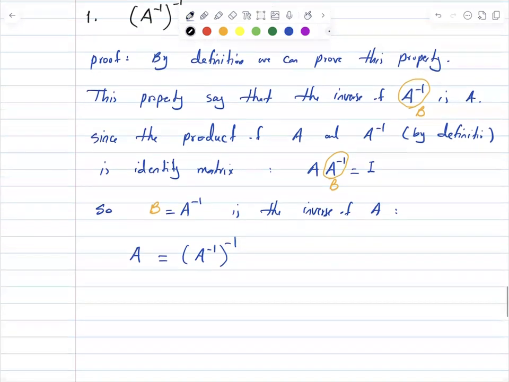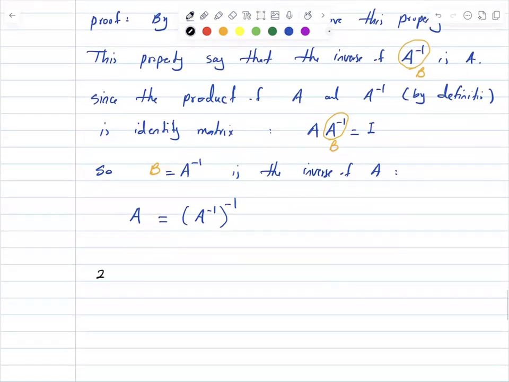Let's take a look at the second property. The second property says, what if you raise a matrix to a power? It means that you multiply a matrix by itself multiple times. Like if I take matrix A and raise it to some exponent. What if I take the inverse of the matrix A multiplied by itself k times?